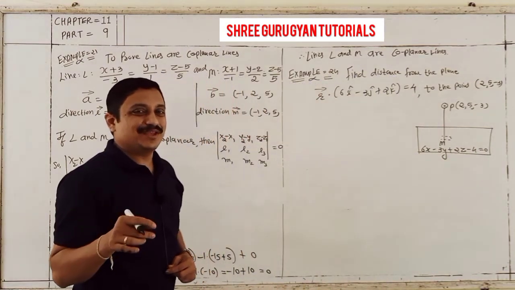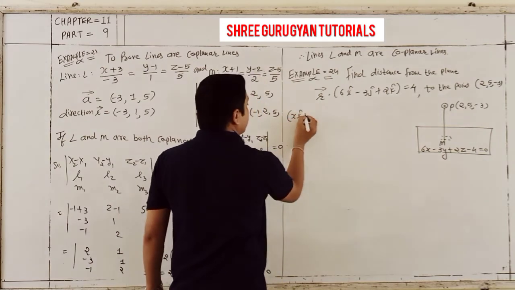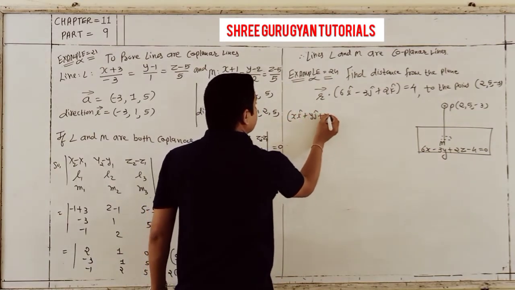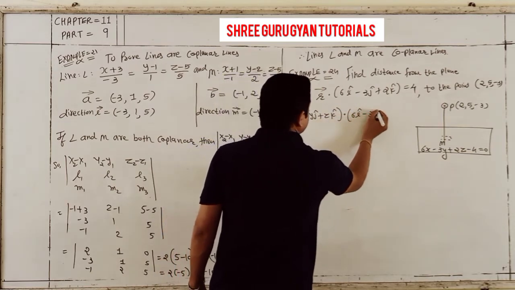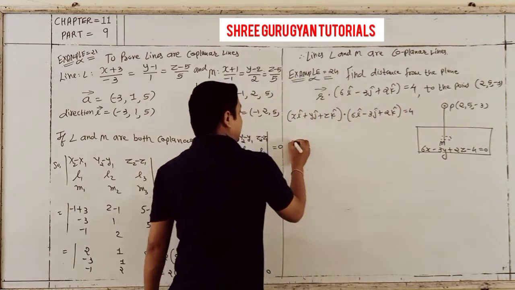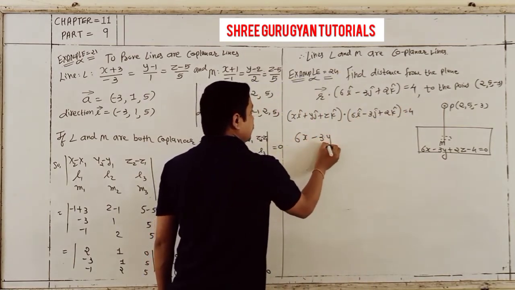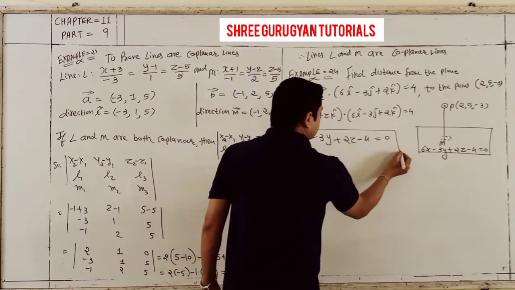So I convert the given plane into Cartesian form first. It is considered r equals xi plus yj plus zk, into 6i minus 3j plus 2k equal to 4. Indirectly 6x minus 3y plus 2z minus 4 is equal to 0.